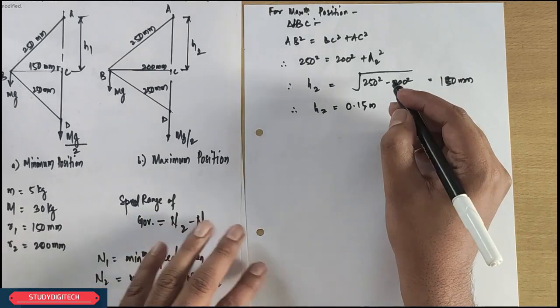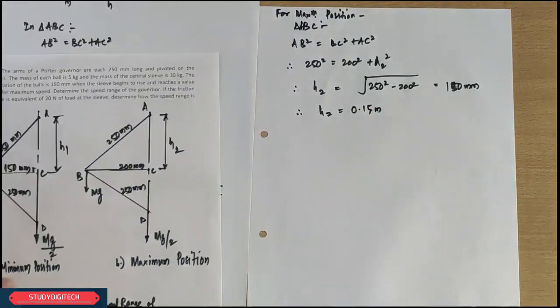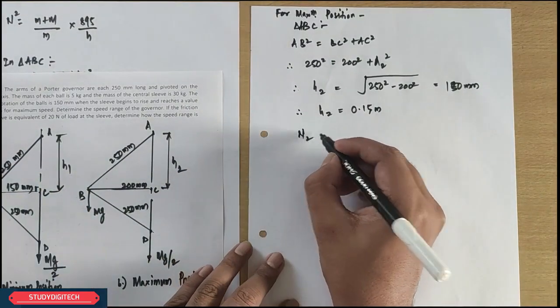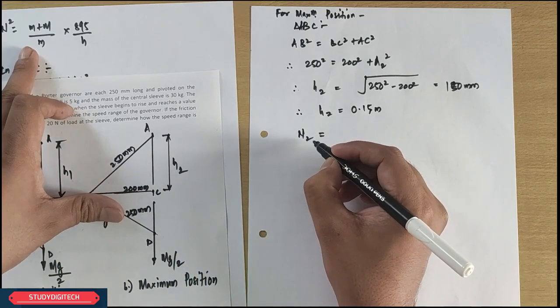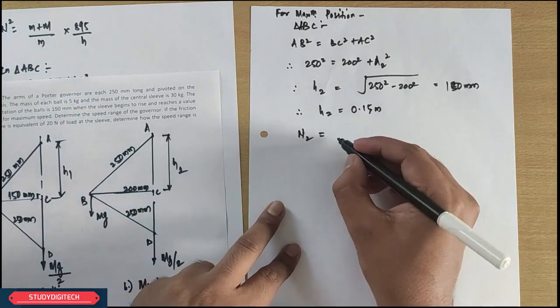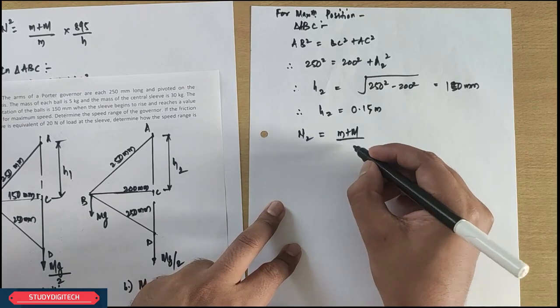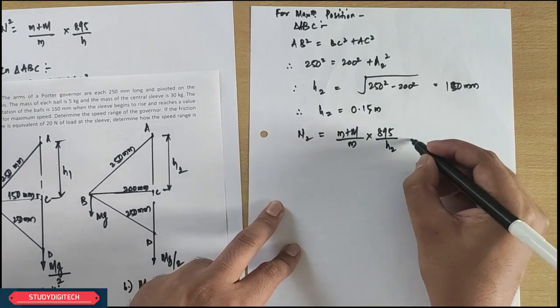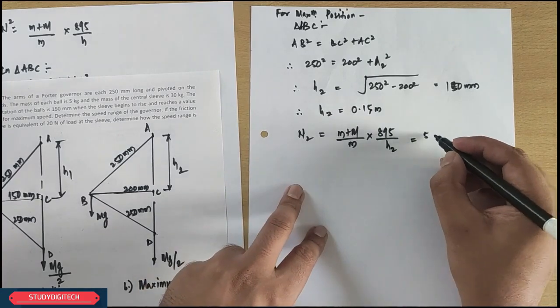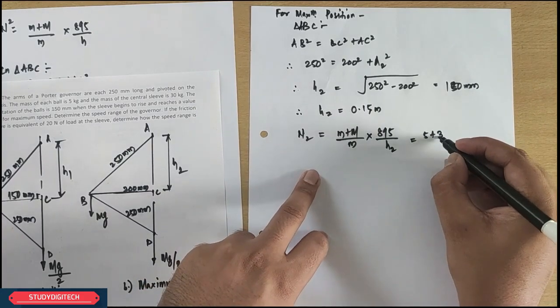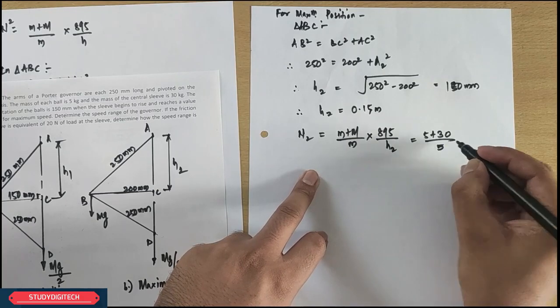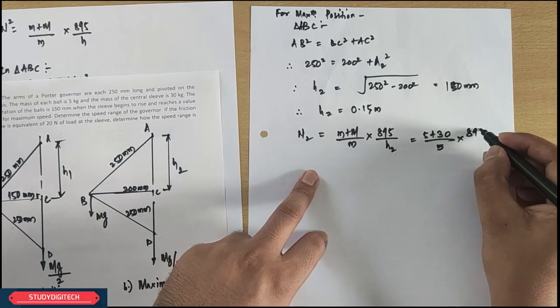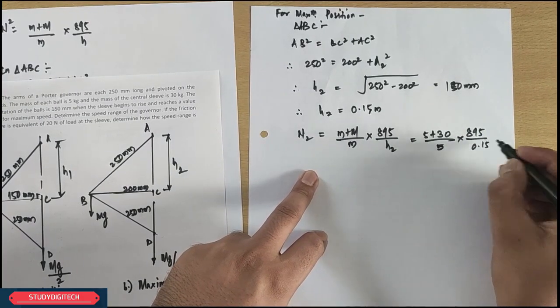So we can substitute in the equation of N. For maximum speed, n2 will be equal to (m plus M) divided by m into 895 divided by h2. So small m is mass of each ball, 5, plus 30 divided by 5 into 895 divided by 0.15.